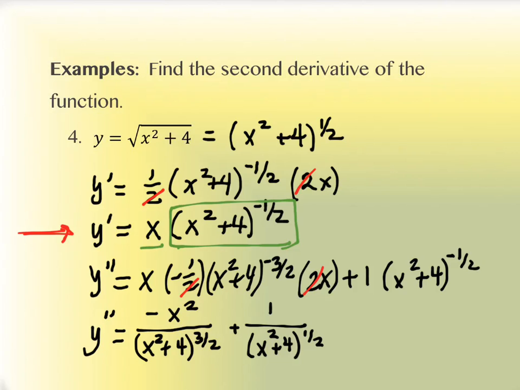Notice this has a power of 3 halves, and this has a power of 1/2. What is 3 halves as a mixed number? 1.5, right? So this is 1.5, and this is a power of half. So I just need another power of 1 of these to make it 1.5. So I'm actually going to be able to take that second fraction and simply multiply by x squared plus 4.